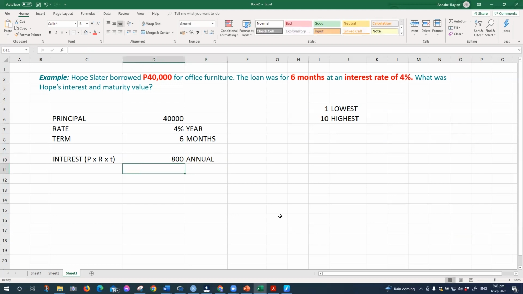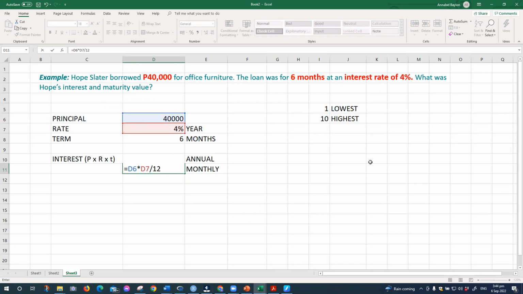Now, you can compute the monthly interest. How do you compute it? Back here, principal times rate, but we make the rate monthly. So the 4% annual, we divide by 12.